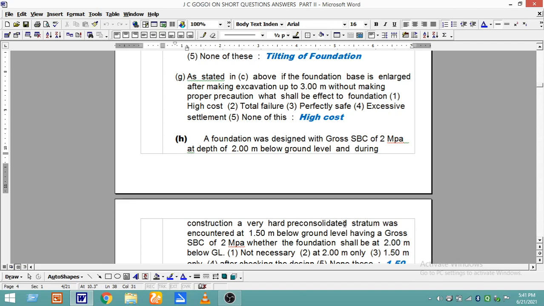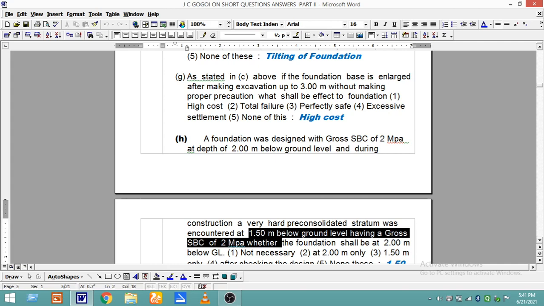You see, the question is: at 2 meter below ground level, the gross SBC was 2 MPa, and here we encountered this very pre-consolidated stratum at 1.5 meter below ground level, having a gross SBC of 2 MPa.